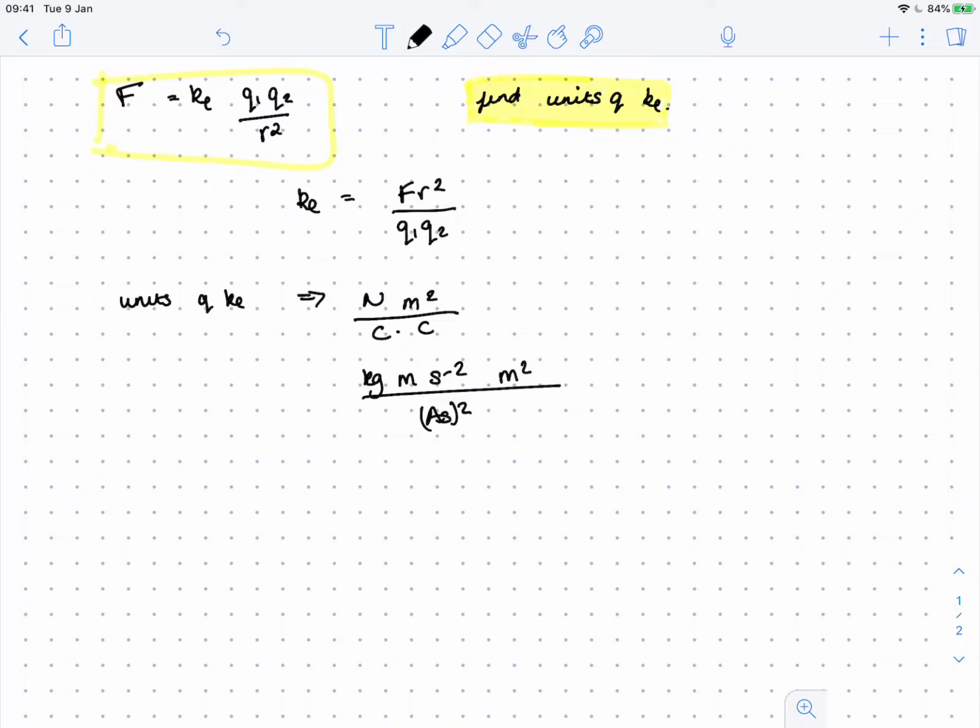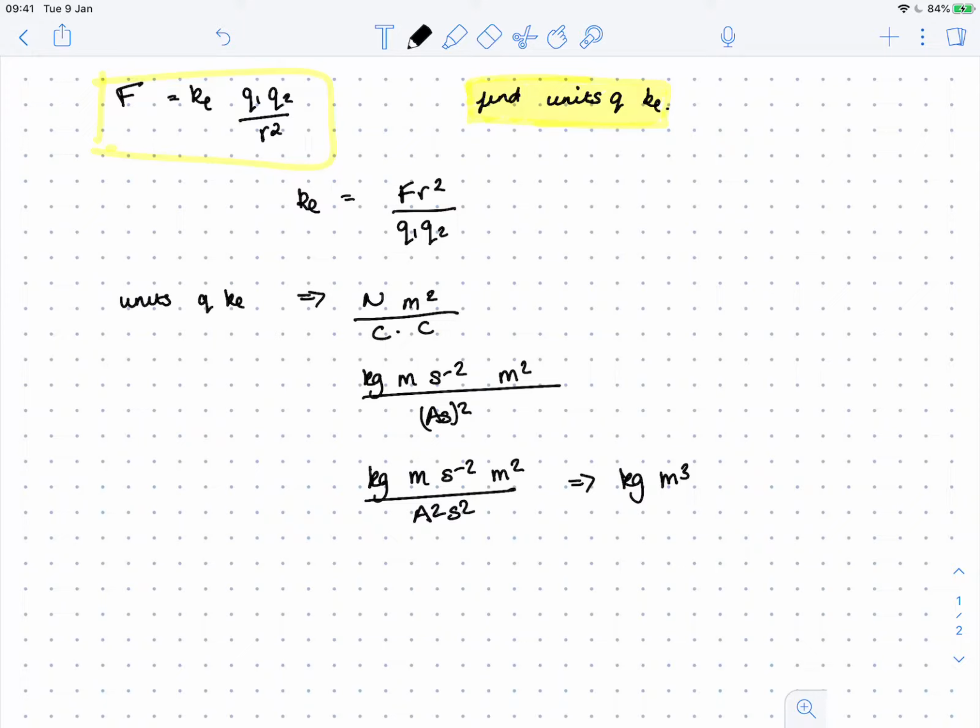And so I can just tidy this lot up again. If I have my kilogram meter s to the minus 2 times meter squared over amp squared second squared, this will give me, if I combine these together, a kilogram meter cubed, because a meter times a meter squared is a meter cubed, and then I have s to the minus 2 on the top and s squared on the bottom.